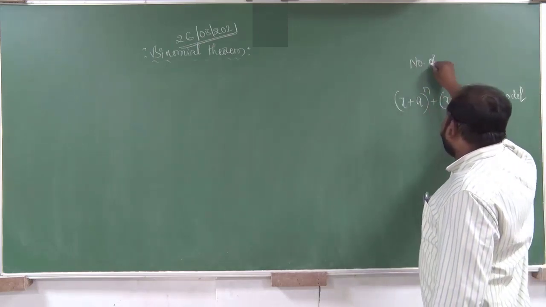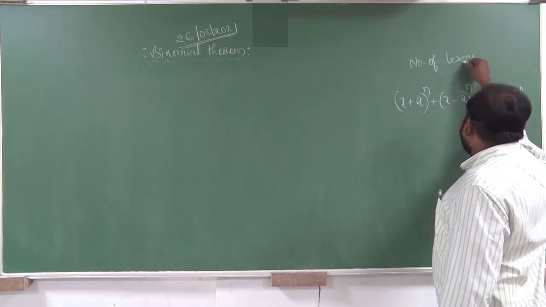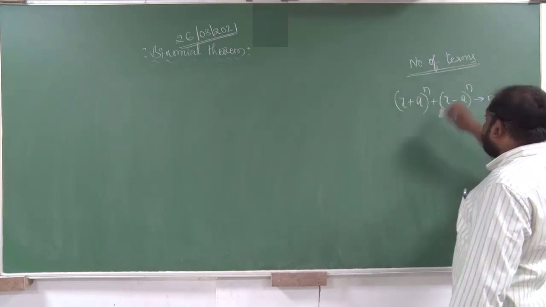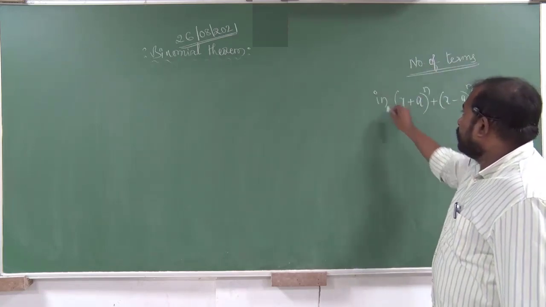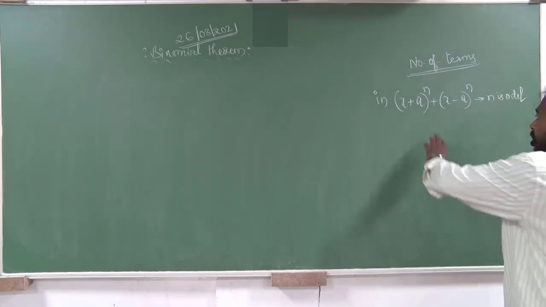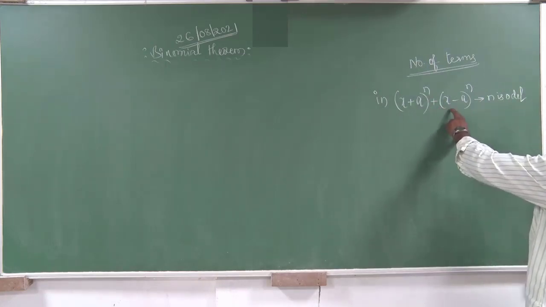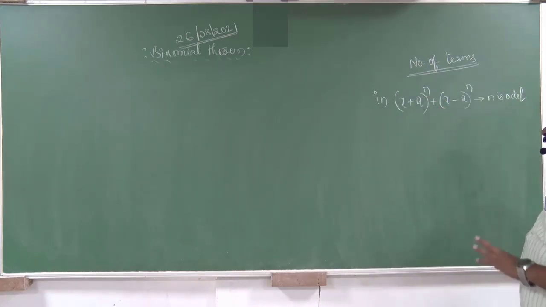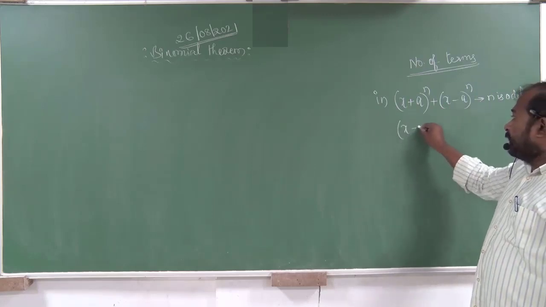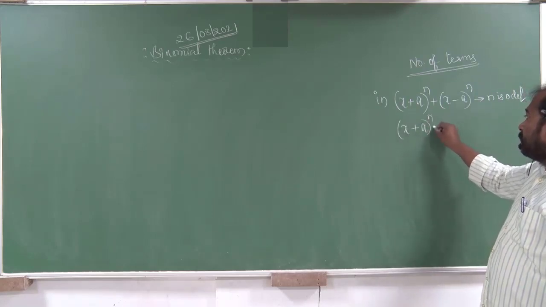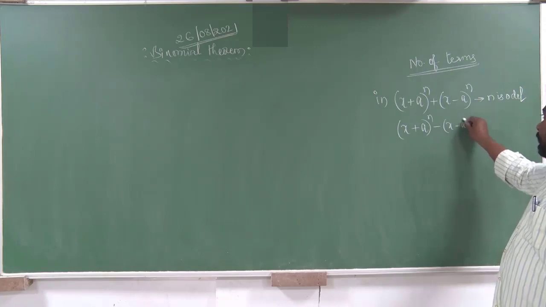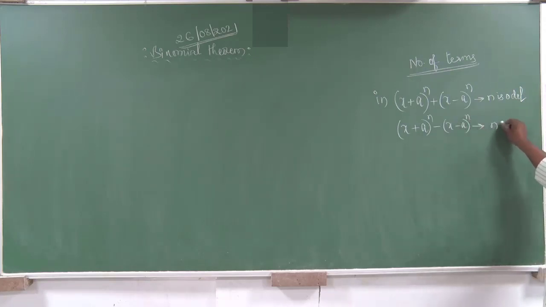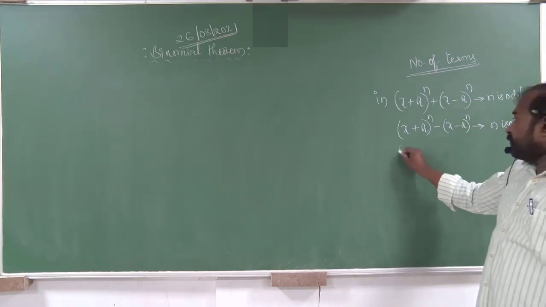Here you can calculate the number of terms in this expansion. (x plus a) whole power n plus (x minus a) whole power n when n is odd, and (x plus a) whole power n minus (x minus a) whole power n, where n is an odd positive integral value. How many terms will be there?